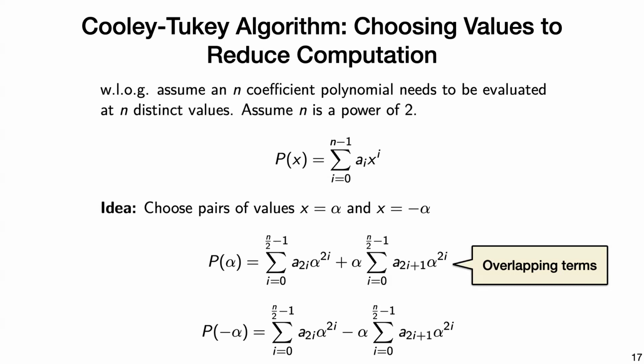And the way the further recursion is going to work is that actually these are also polynomials. Each of these is a polynomial of size n over 2. We started with a polynomial of size n, and you can think of these as two subproblems of size n over 2. And so we want to try to apply the same trick to each of these halves.